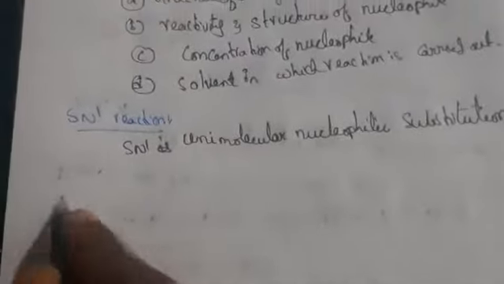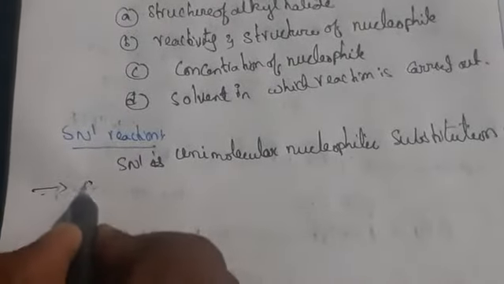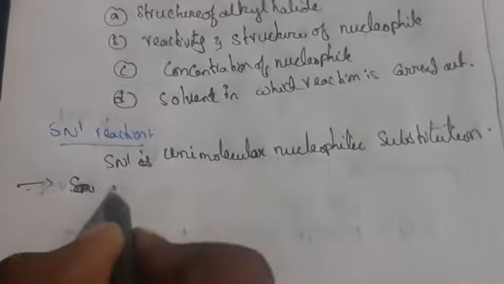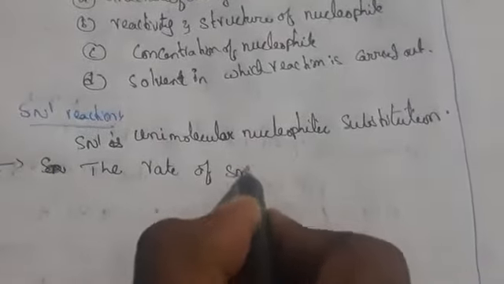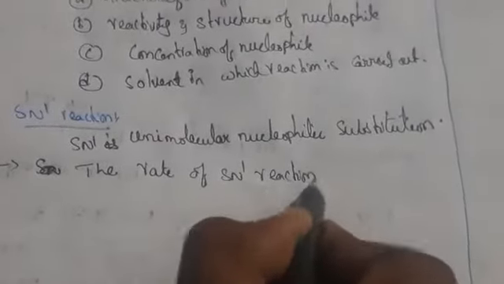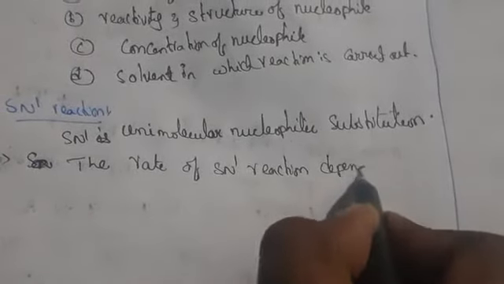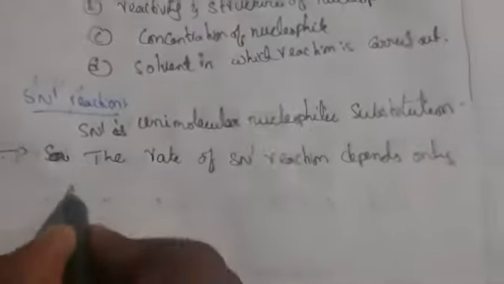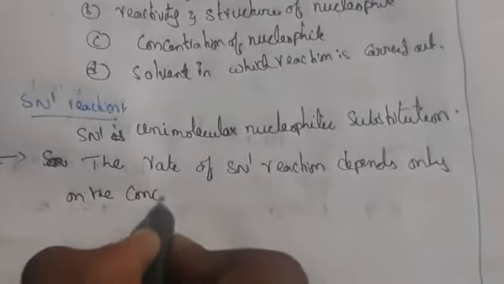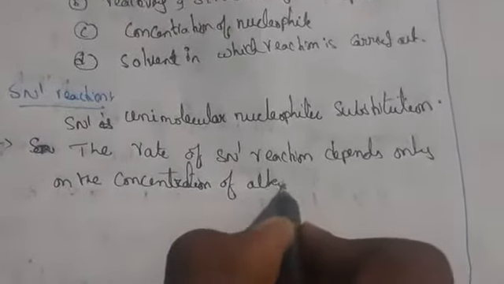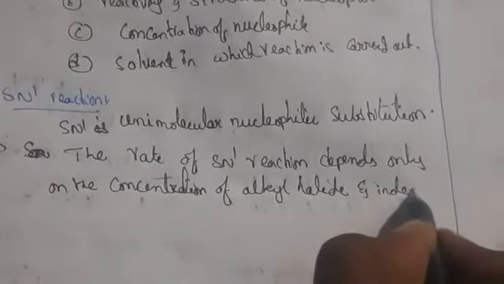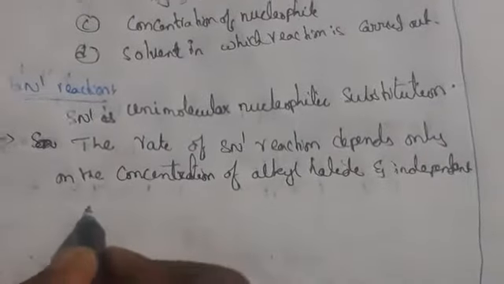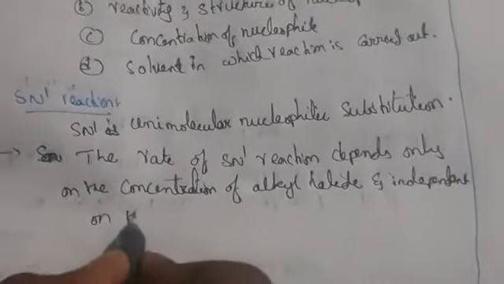So the rate of SN1 reaction depends only on the concentration of alkyl halide and is independent of the concentration of nucleophile.